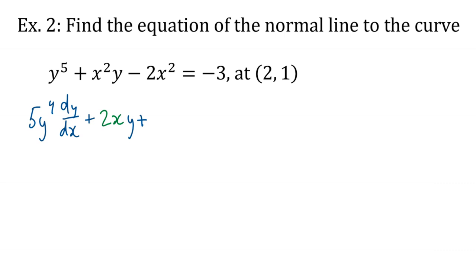x squared times y is such a simple little term, but its derivative is more complex than you would expect, because this whole thing is the derivative of that, right? The derivative of the second part is just dy by dx times the first part.